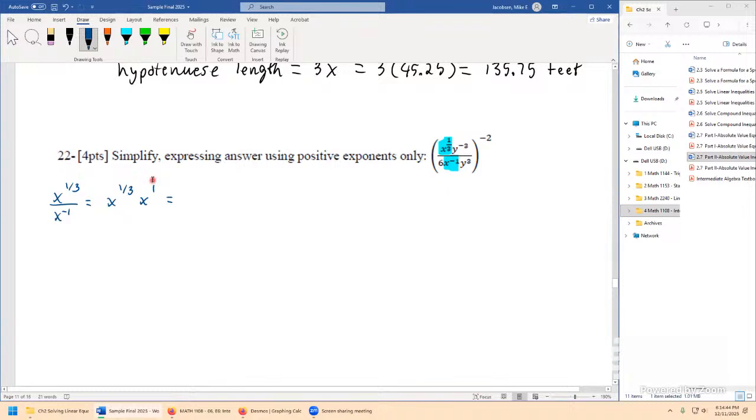Then the least common denominator between these fractions is 3, so you can rewrite this as x to the power 1/3 times x to the power, the 1 becomes 3/3. Multiplying like bases just adds up the exponents. So this becomes x to the power 4/3, and it'll stay in the numerator.